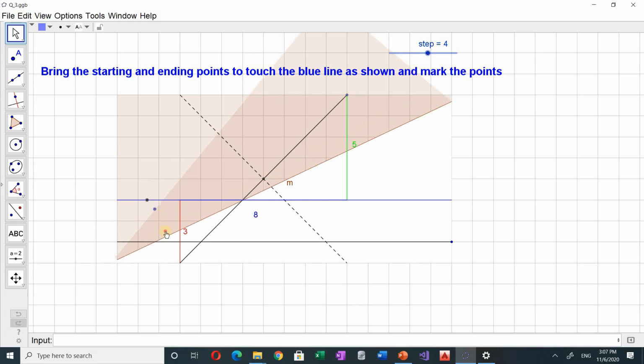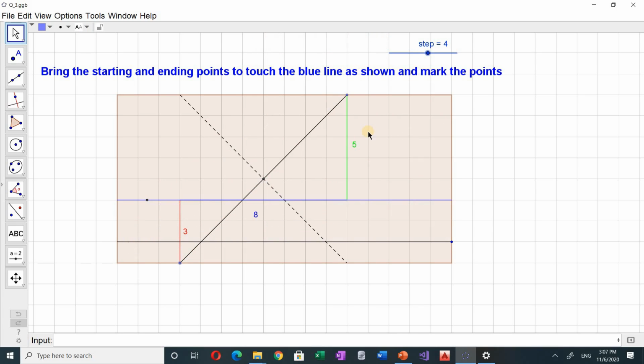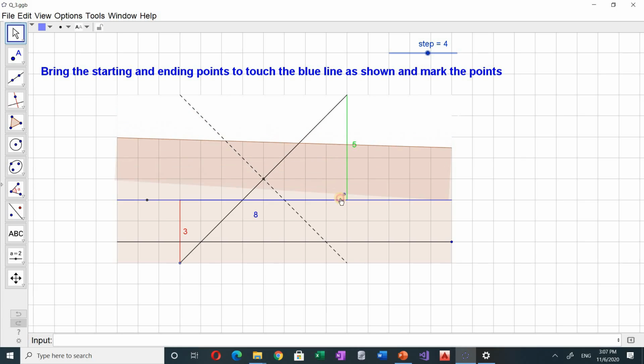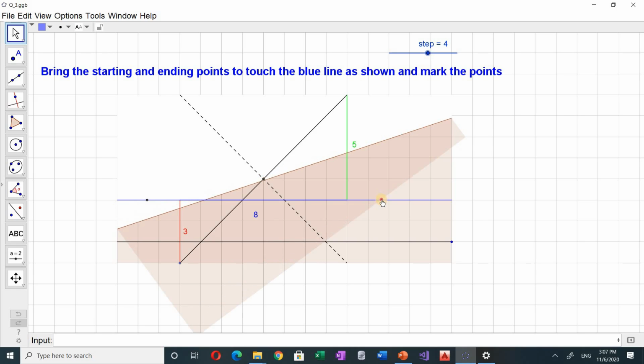Then I will again unfold the paper. The same process I do with the other end also. I flip the paper, make sure it touches the blue line, and then also make sure that the back part of the paper just touches the midpoint.